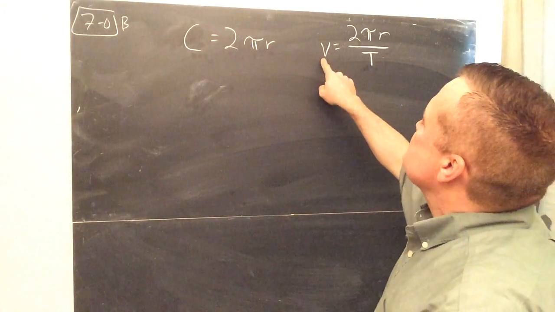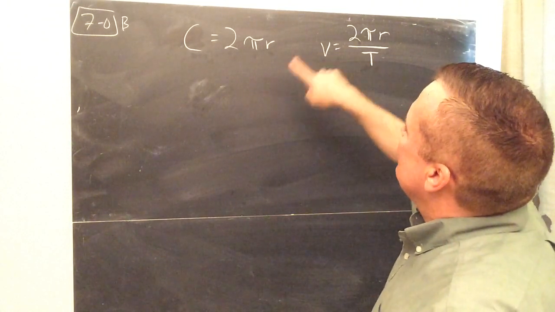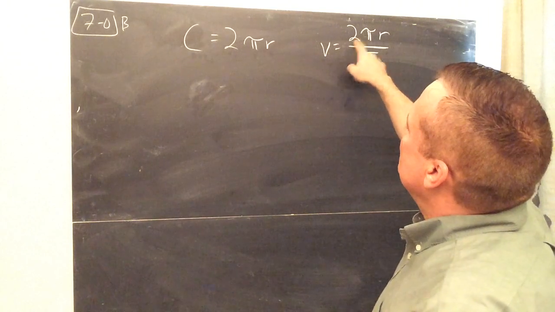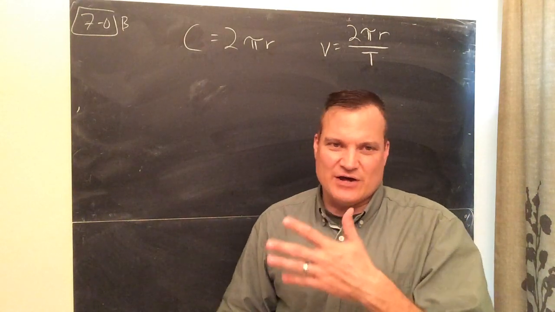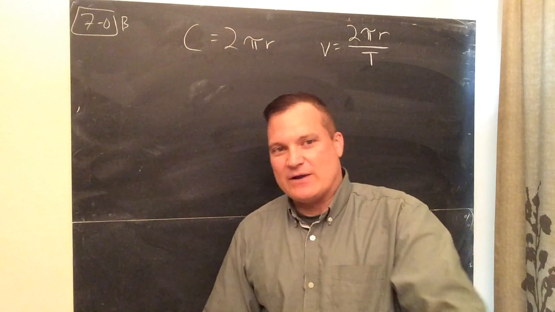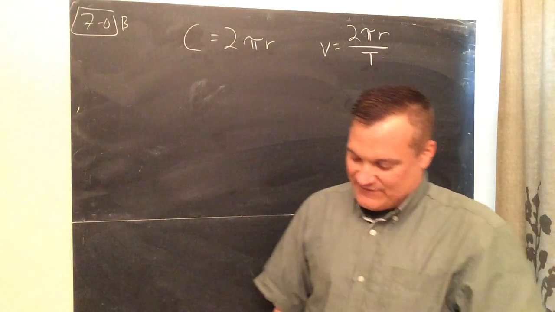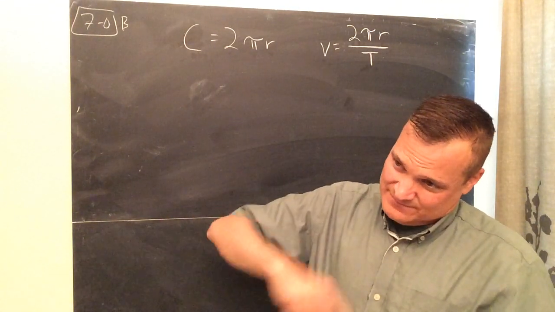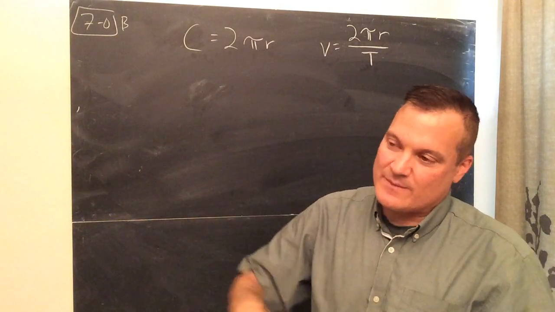Velocity as it moves around is equal to 2 pi r divided by the period. Period is the amount of time it takes to make one complete revolution, one circle all the way around. If we're talking about the Earth around the sun, it takes 365 days for the Earth to go one time around the sun.